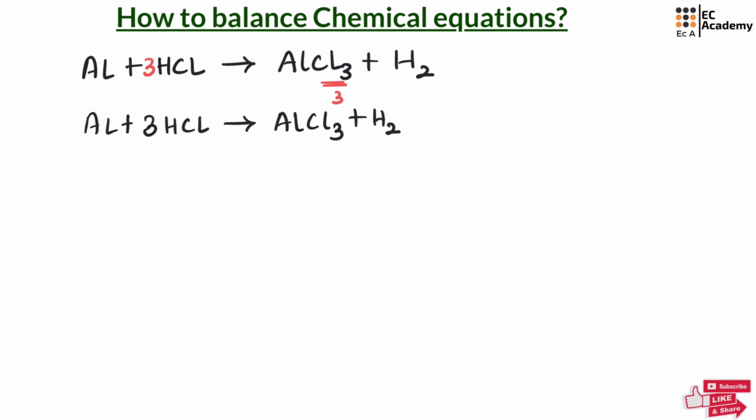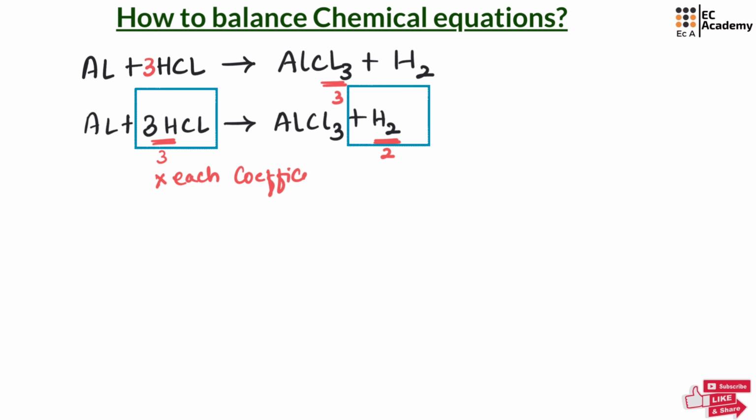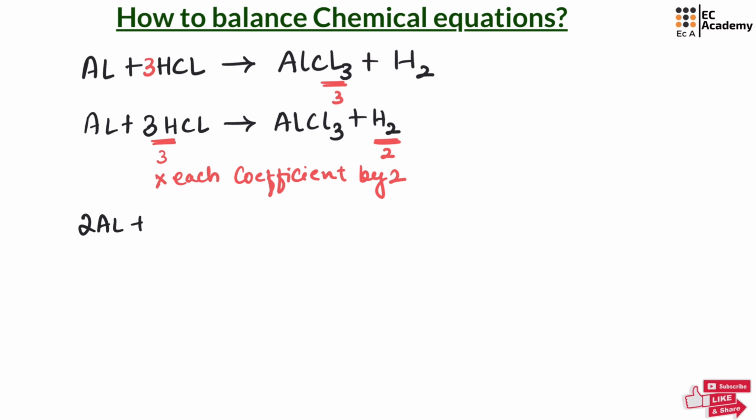Now chlorine is balanced. Now let us count hydrogen atoms. On the left side, there are 3 hydrogen atoms. Hydrogen gas exists as H2. Therefore, multiply the entire equation by 2. The equation becomes 2Al plus 6HCl, that will produce 2AlCl3 plus 2H2.